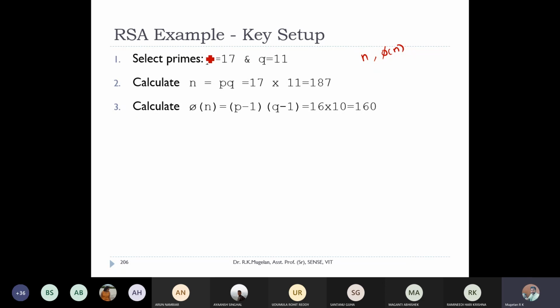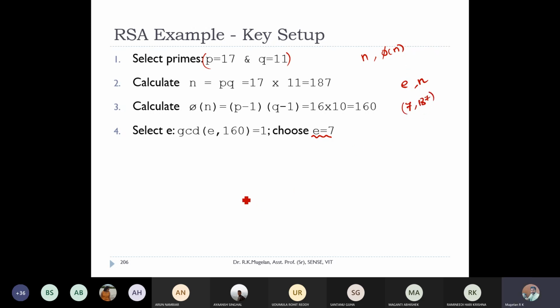So from an examination point of view, we will be giving this P and Q. Next, they are choosing my E to be 7. In the examination, we will also provide the value of E. For your understanding, I am giving a smaller number. E is given as 7. Now you have your public key values, E comma N, which is nothing but 7 comma 187.